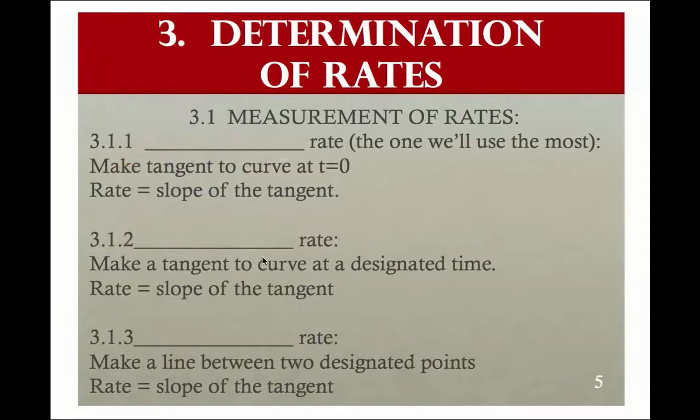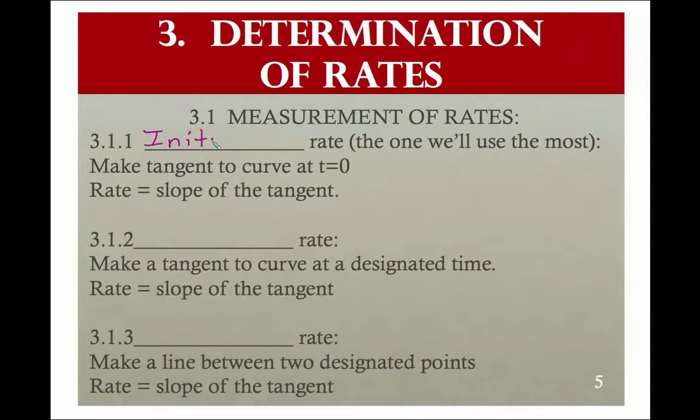All right, so there's 3 ways that this is typically done, and you need to pay close attention as a scientist to how it's being measured, because you can't compare experiments directly if one is measured as one type of rate and the other is measured by one of the other 2.